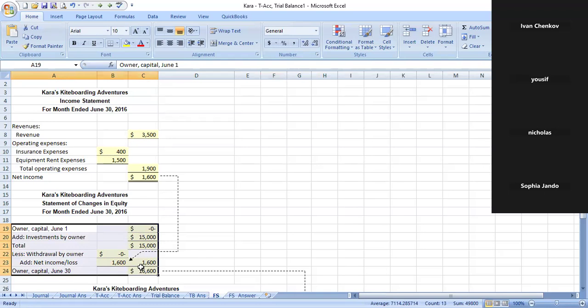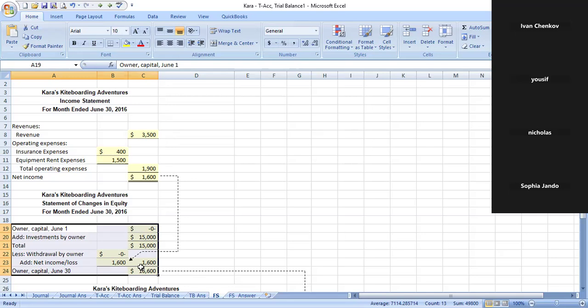The only thing that you need to calculate is the income. The beginning balance is going to be given to you. How much the owner invested is going to be given to you. Withdrawal is going to be given to you. The only thing that you have to put effort into is to calculate the net income.